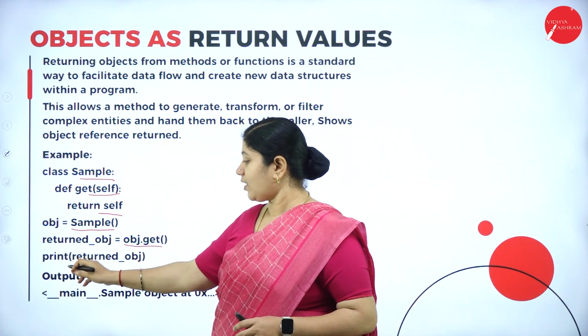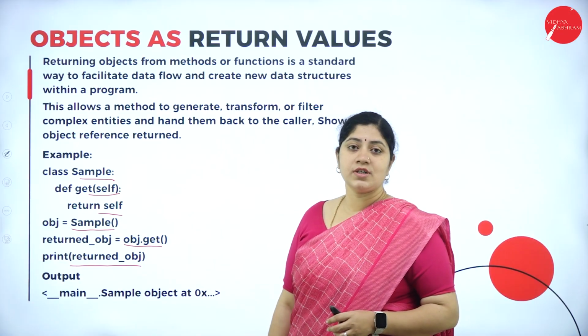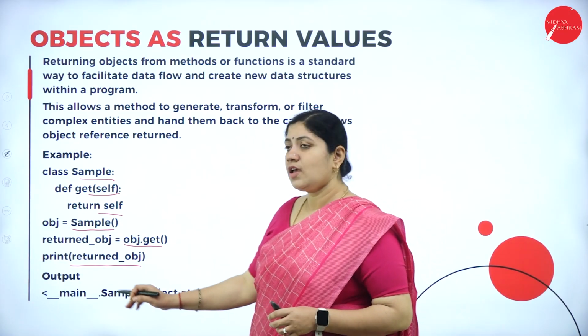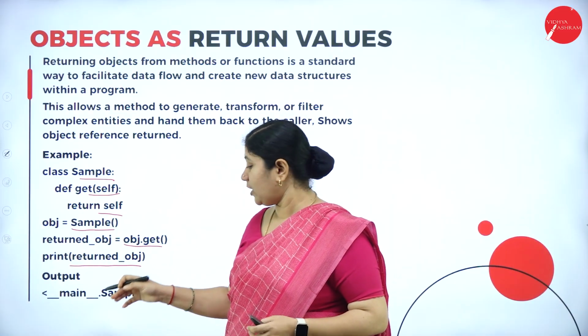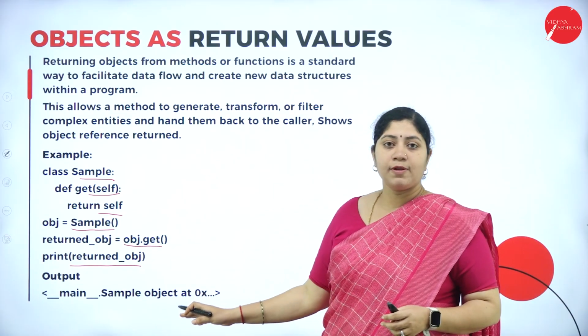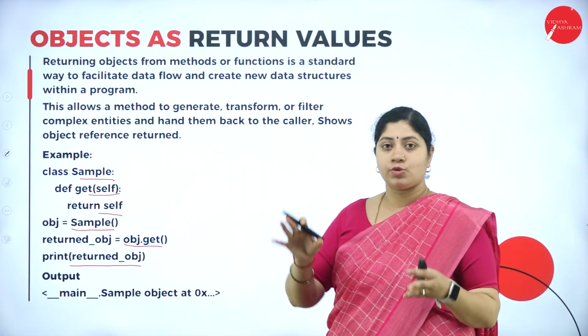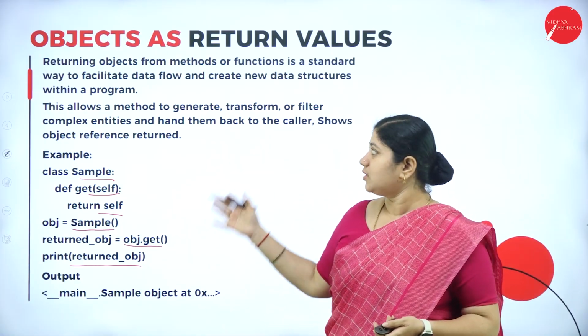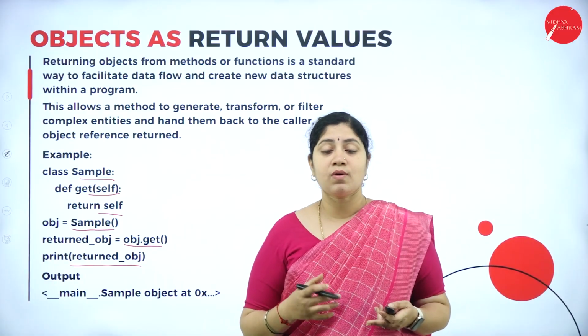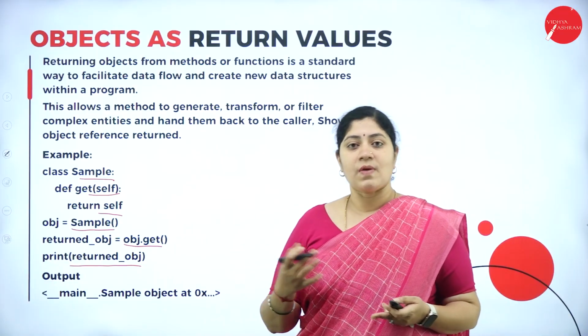Now we can print the returned object. At the output, after execution of the simple program, we get the main Sample object at 0, which shows that the object has been returned back. So this is how we can consider an object as a return value.